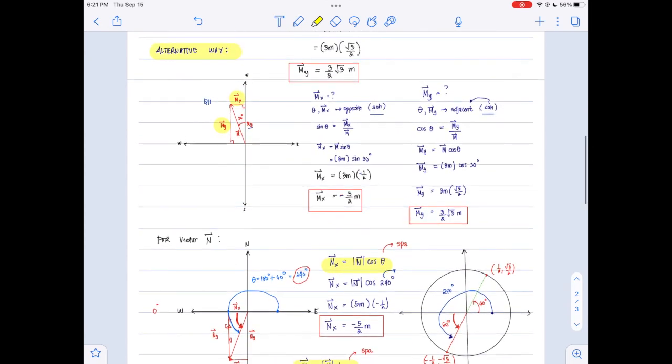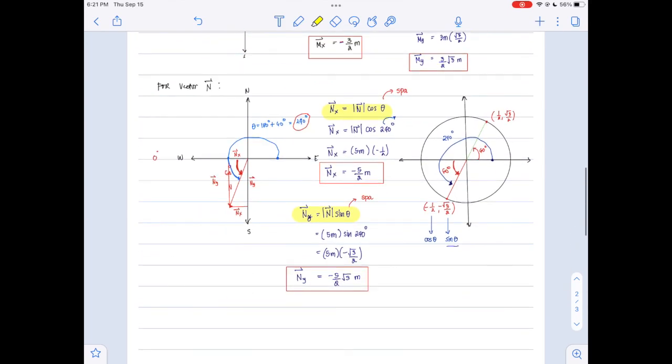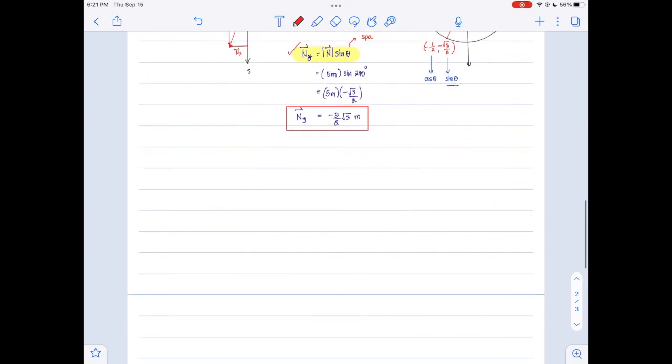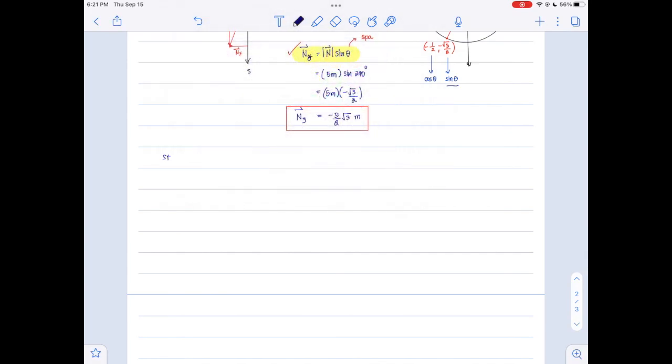And trust me, if you are careful, you will get the same answer. But what I am advocating is you use SPA, so that it is automatic: x is cosine and y is sine. So the next step will be step 3, are we on step 3? I guess we are still on step 2.